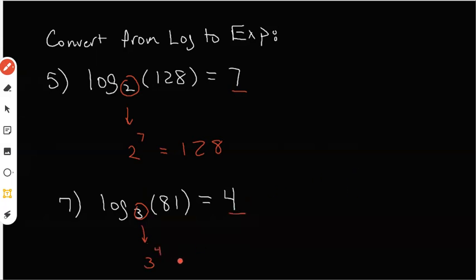So 3 to the 4th power. And then the 81 is going to be my result in the end. So I get 3 to the 4th power is equal to 81. So that's going from logarithm back to exponential. So you can go both ways. You just need to figure out what the base and the exponent are. And then after that, everything else is easy.